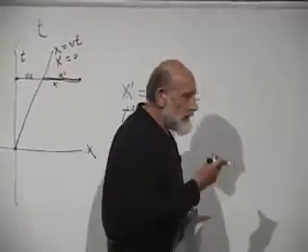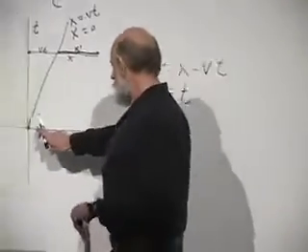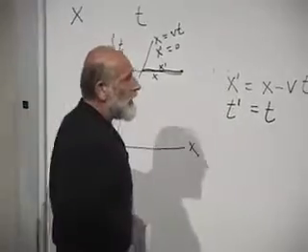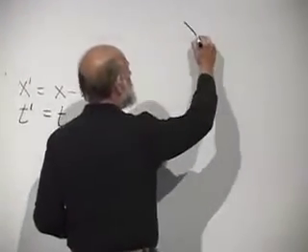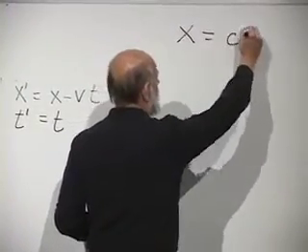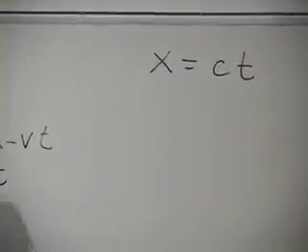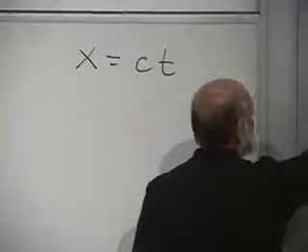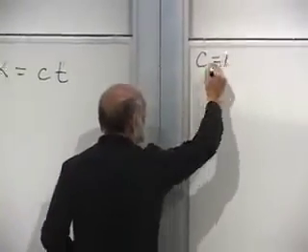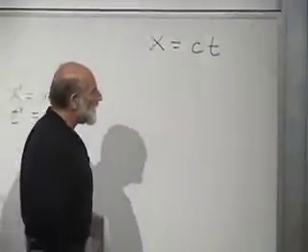Now, let's examine a light ray moving down the plus x axis. If it starts at the origin here, then it moves along a trajectory which is x equals ct, c being the speed of light. Shortly, I'm going to set c equal to 1. We're going to work in units in which c is equal to 1, but not quite yet.